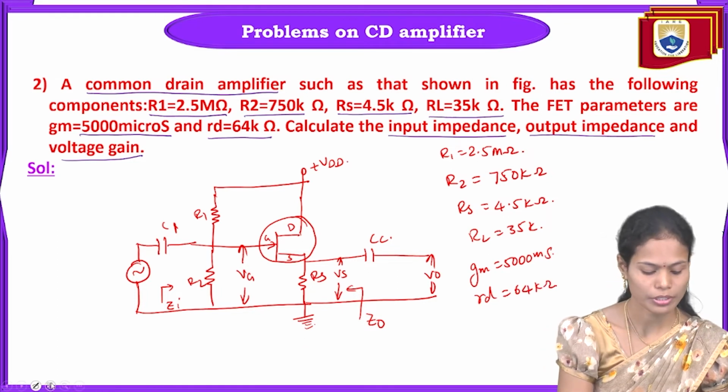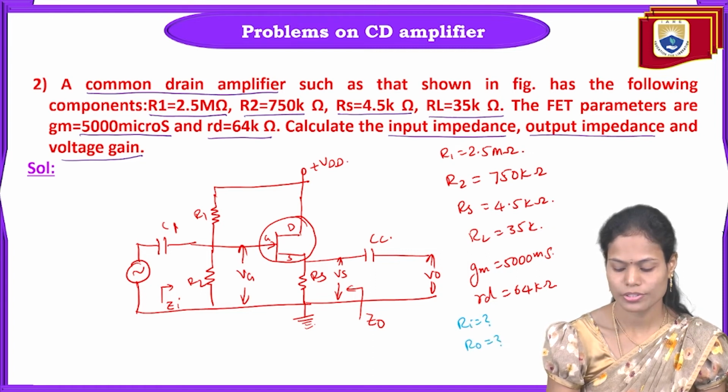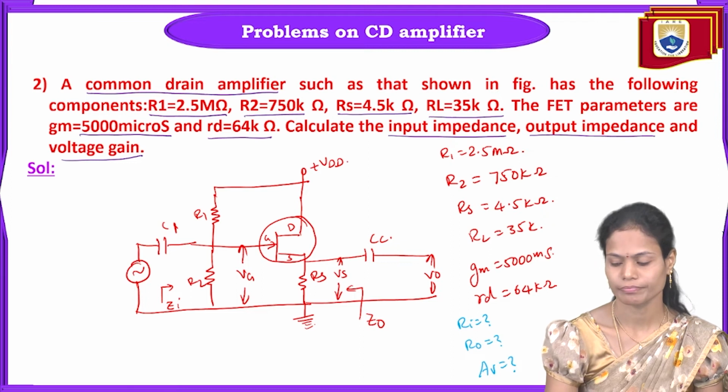These are the given parameters. From this, we need to calculate the input resistance and the output resistance as well as the voltage gain of the given common drain amplifier.